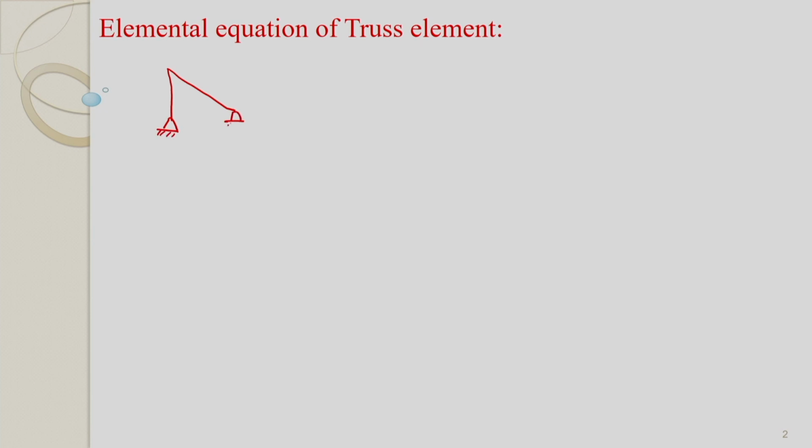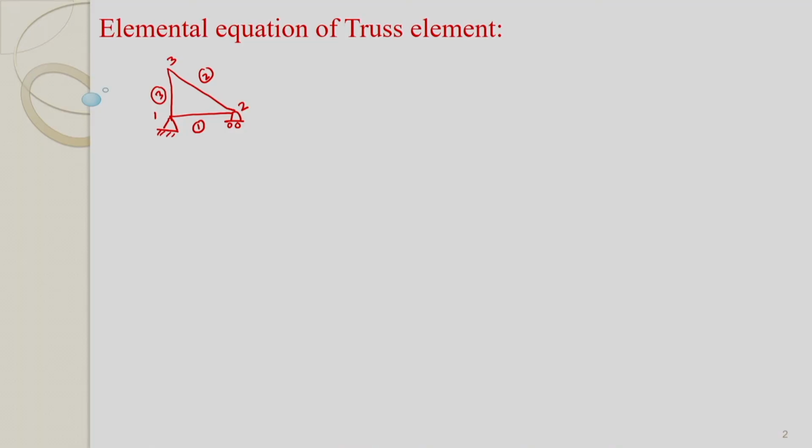So, for this truss structure, we have 3 elements: 1, 2 and 3, where node 1 is fixed and node 2 is allowed to move in the horizontal direction.